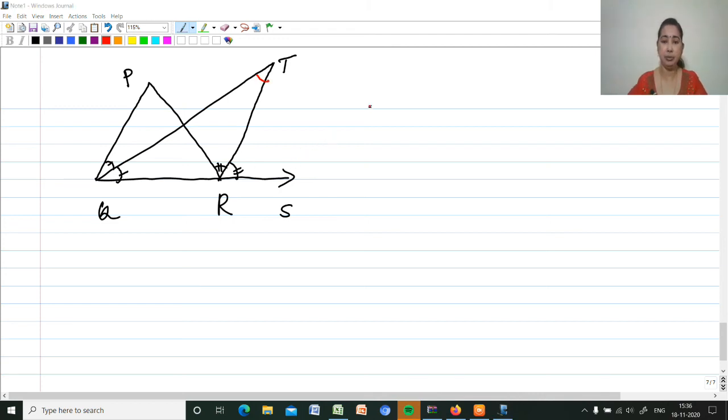Here we need to prove that angle QTR is equal to half of angle QPR. We know that if a side of a triangle is produced, then the exterior angle, here this angle is the exterior angle, is equal to the sum of the two interior opposite angles.